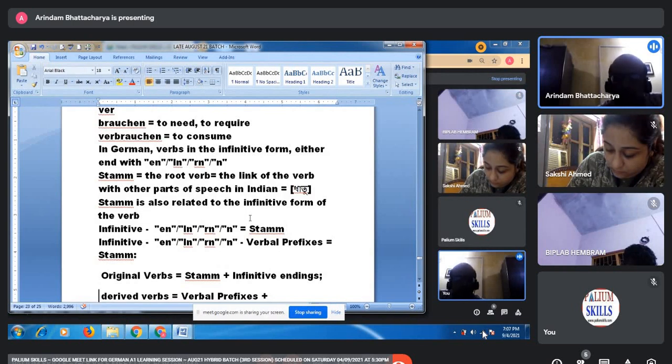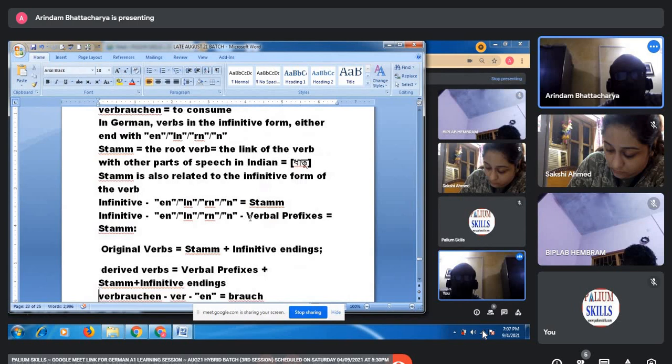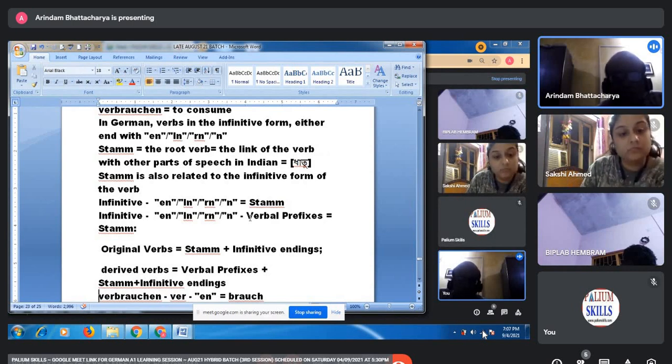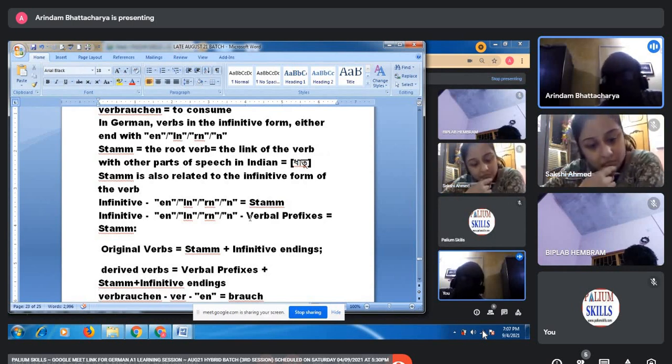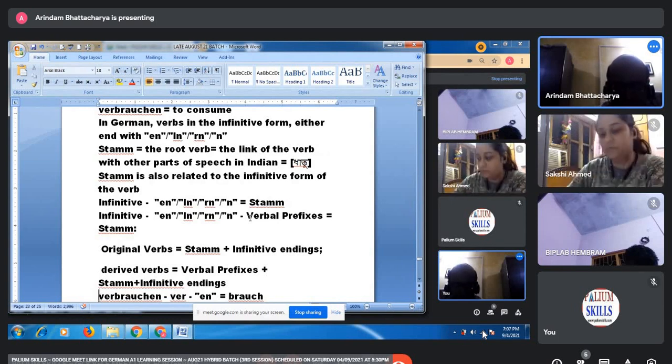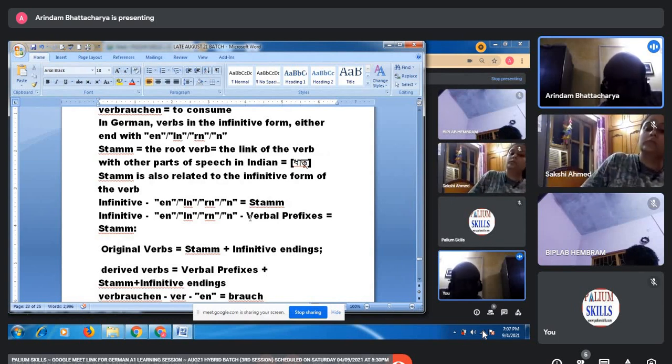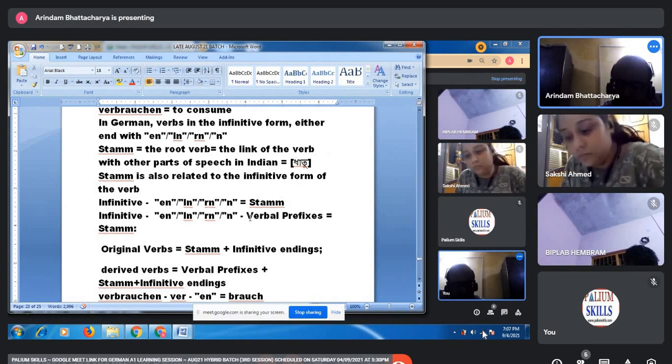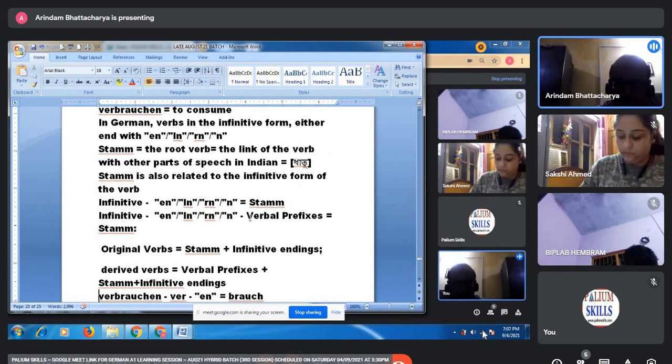For derived verbs, it is verbal prefixes plus stam plus infinitive endings, or verbal prefixes plus stam plus suffixes plus infinitive endings. Sometimes suffixes also come.